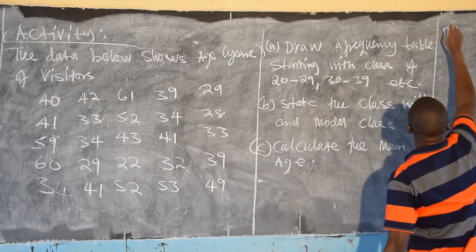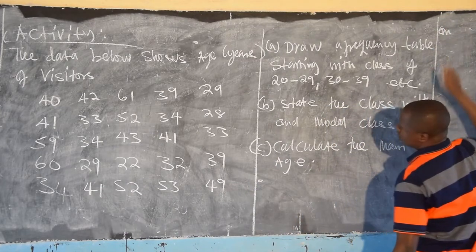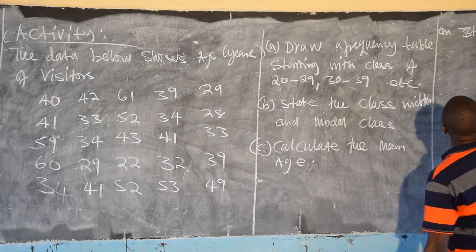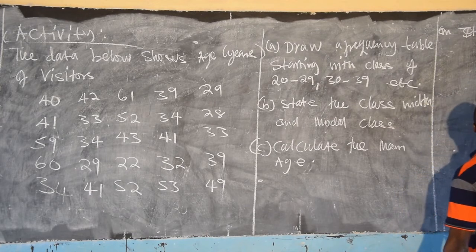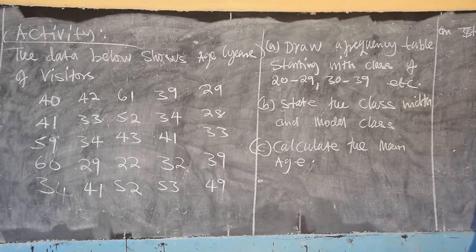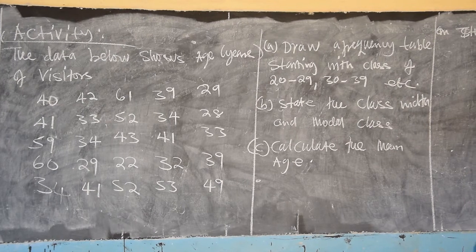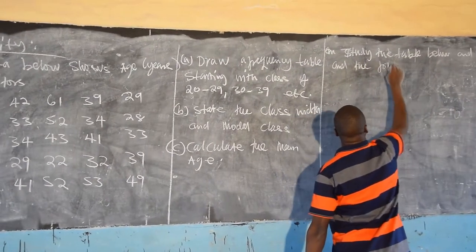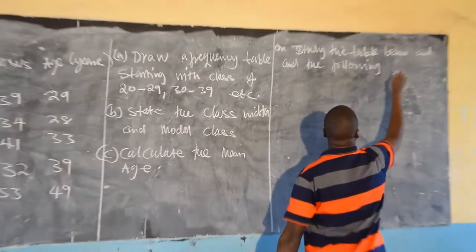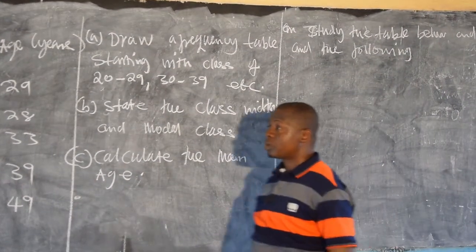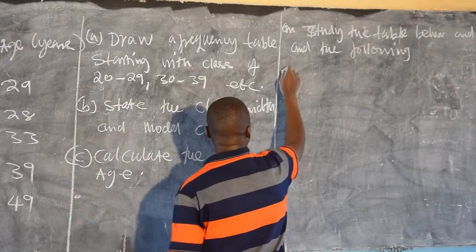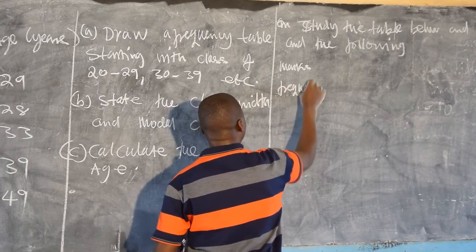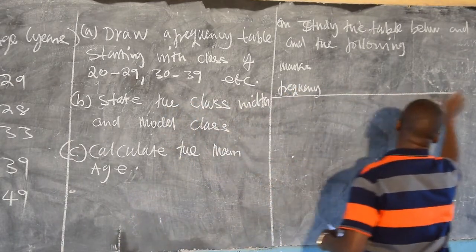Question 2, study the table below and answer the following questions. Here we have marks and frequency in this form.